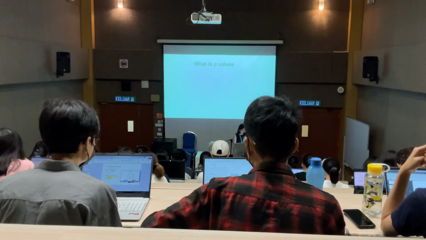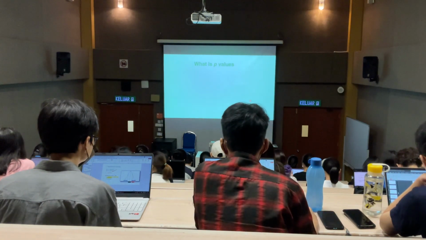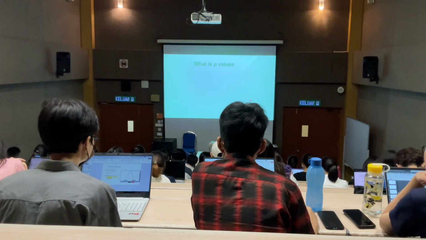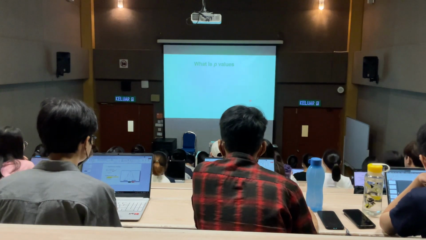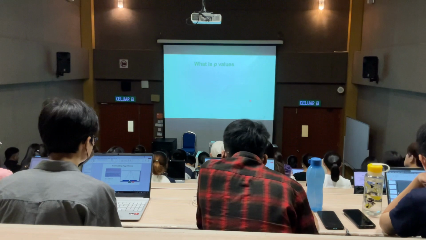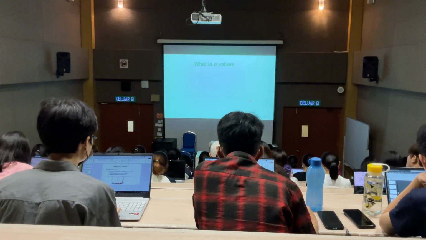So first, what's p-value? We started to calculate p-value two to three weeks ago. That's the p-value, the probability, remember? When we perform the z-test using the z-table, that's your p-value. So you will get a p-value no matter whether you perform a z-test, a t-test, or a chi-square test.